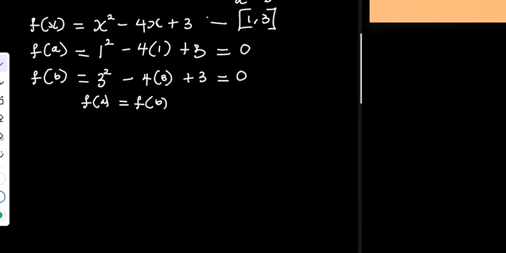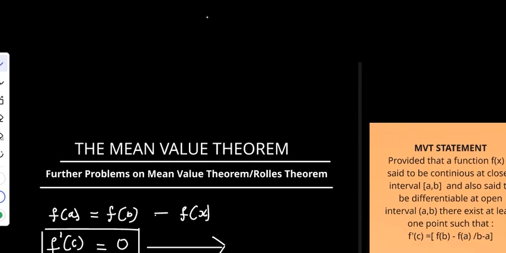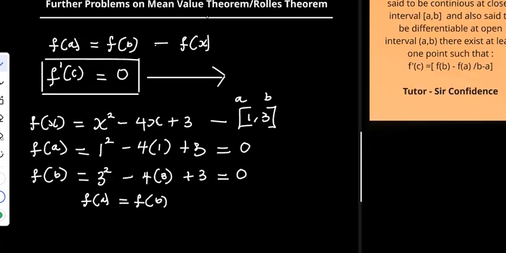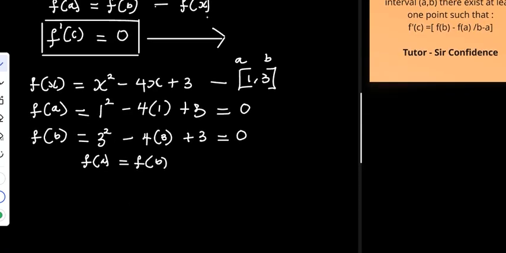Why can we say f prime of c is equal to 0? Even using the general formula of the mean value theorem, we have that f prime of c is equal to f of b minus f of a over b minus a.